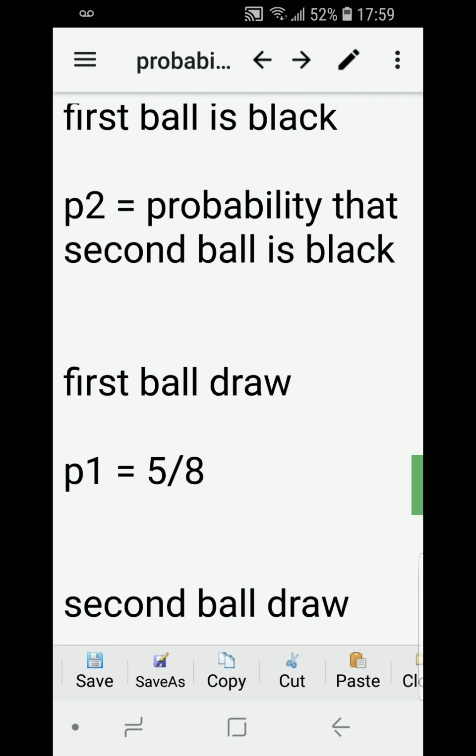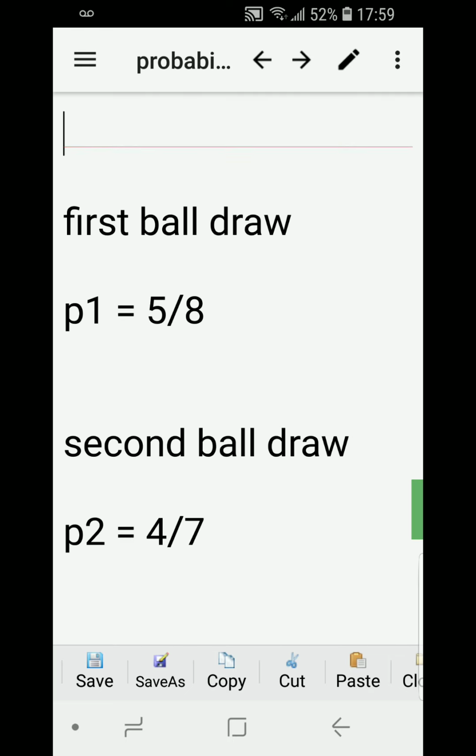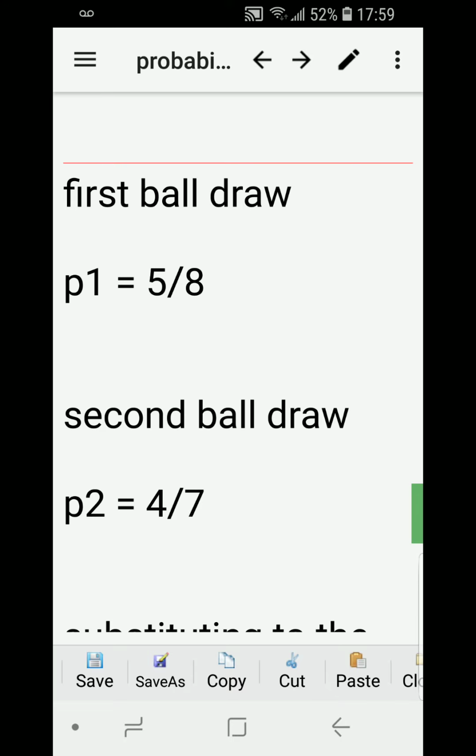Okay, so on the first draw, the probability for black is P1 equals 5 out of 8, because we have 5 black balls drawing from a total of 8 balls.